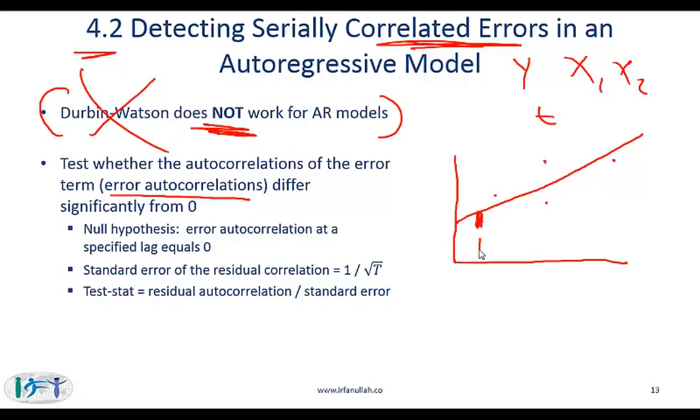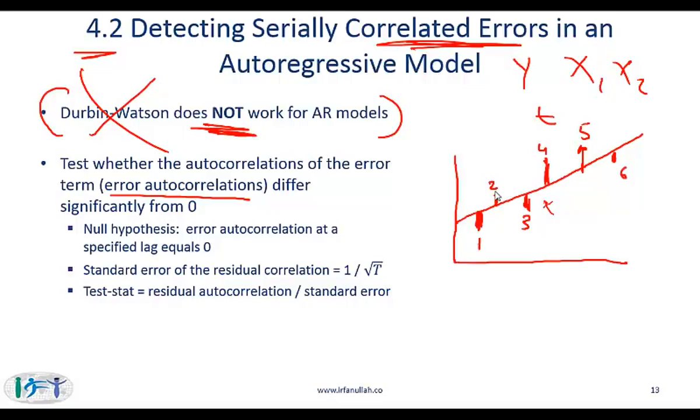The first error term is this amount. What is the second error term? It's this amount. Then let me just put the third one over here. This is the third error term. Ignore that. This is the fourth error term. Let's say that this is your fifth error term and this is your sixth error term. The moment you run a regression, do you know the error terms? You do, because you have your data, the actual data, you have the regression line, so you know all your error terms.